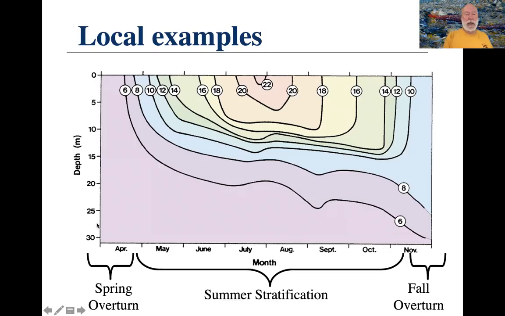So again, we can identify here spring overturn, summer stratification, fall overturn, and there's no data here really for winter over the ice cover. Often limnologists, being warm weather organisms, tend not to collect as much winter data as we would like, but there's also the problem of getting out on the lake if the ice isn't thick enough.